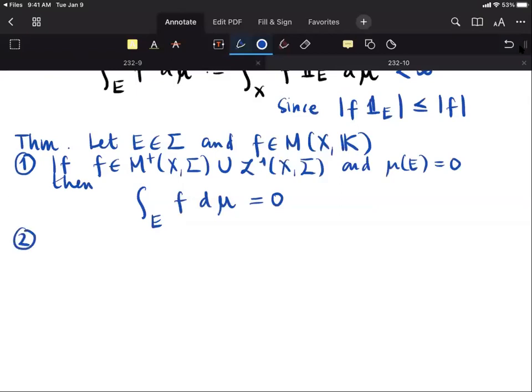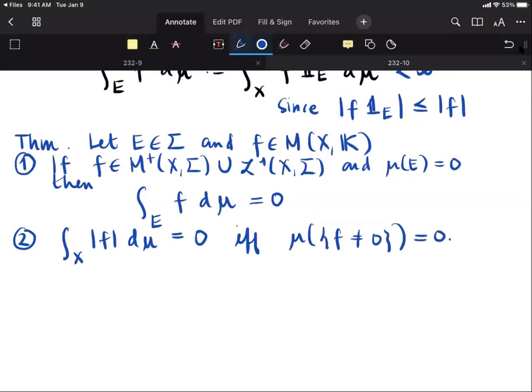Also, the Lebesgue integral of the magnitude is 0 if and only if the set of points where f is not equal to 0 has measure 0.